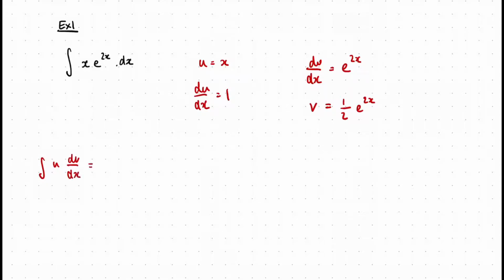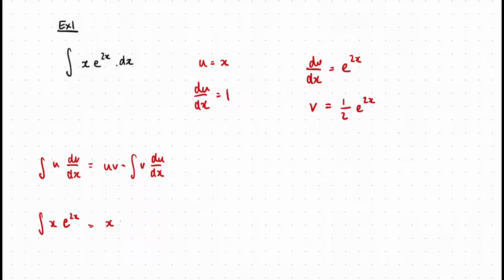Okay, and because I know that the integral of u dv dx is equal to uv minus the integral of v du dx, then the integral of x e to the 2x is going to equal u, which is x, times my v.